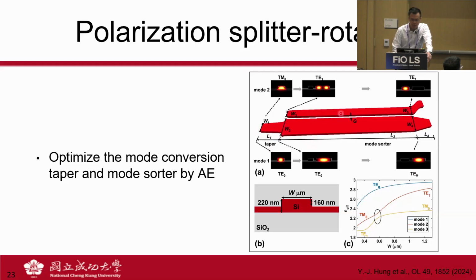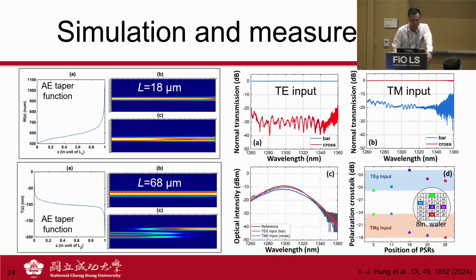Then we use an asymmetric directional coupler, which is also adiabatic, to separate these two. We basically convert TE0 to TE0 here, and we convert the TE1 here to the TE0 of the top waveguide. And so we can optimize the adiabaticity in these two sections separately.